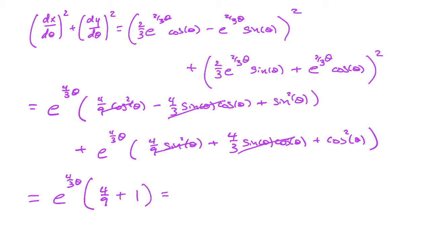So what we have for our quantity dx d theta squared plus dy d theta squared is 13/9 times e to the 4/3 theta. So that our ds will just be the square root of this, so we get the square root of 13/3 e to the 2/3 theta d theta.